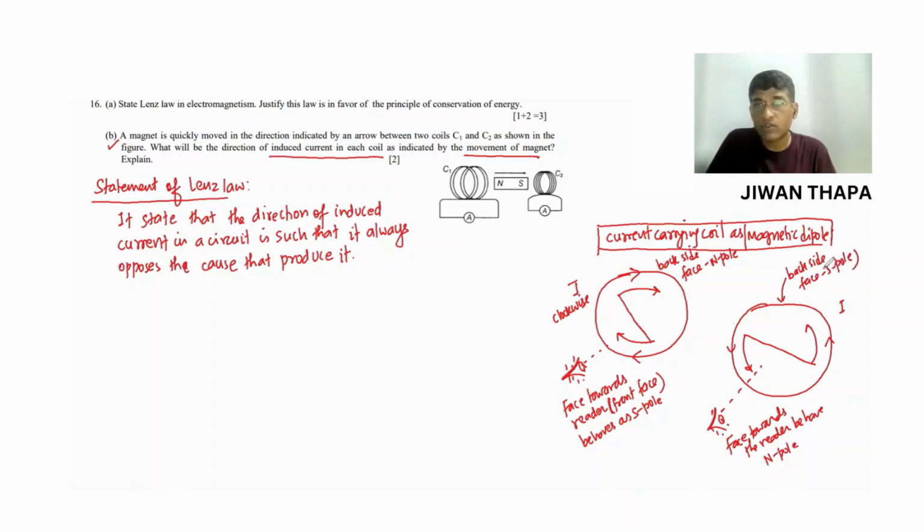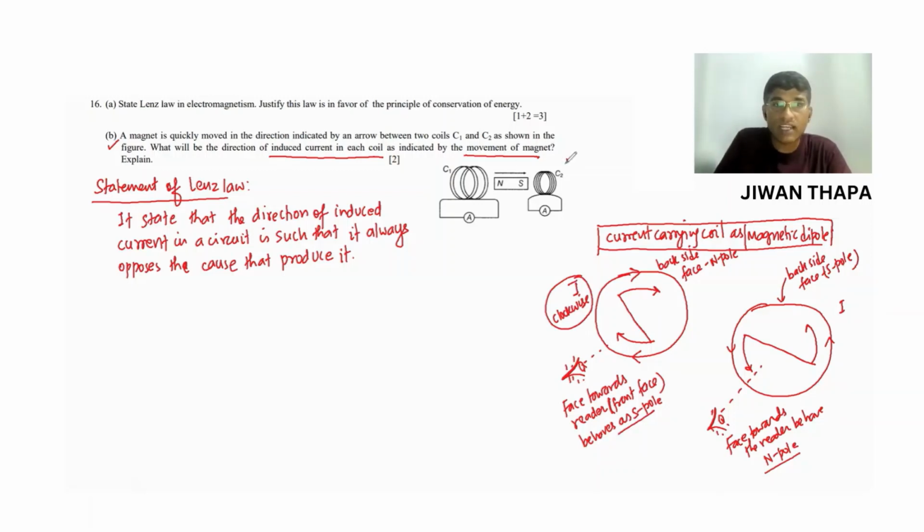So this is to be noted. If current flows in clockwise direction, then the face towards the reader behaves as south, and if current flows in anti-clockwise direction, then the face towards the reader behaves as north pole. In this way, we can assign north and south pole to a current carrying circular coil which behaves as magnetic dipole.